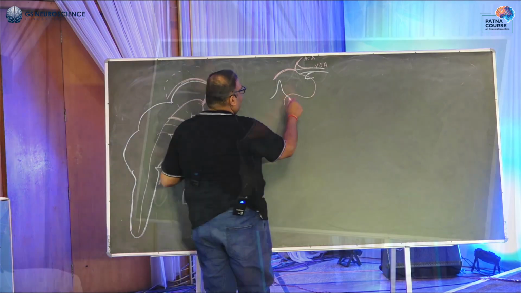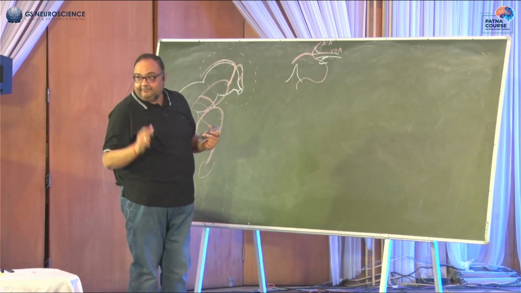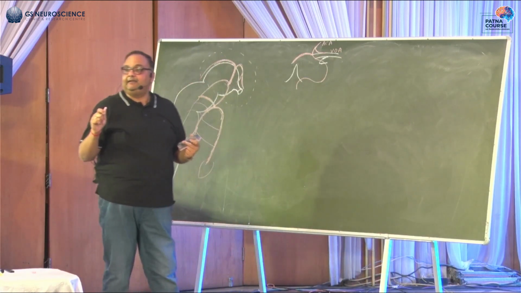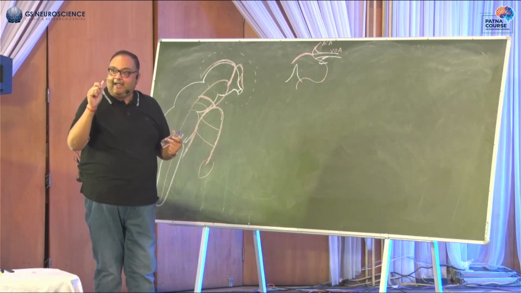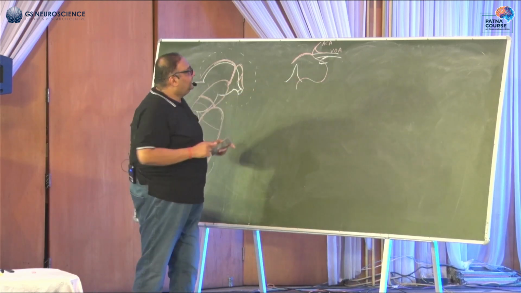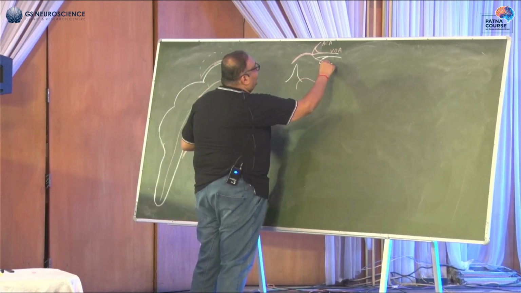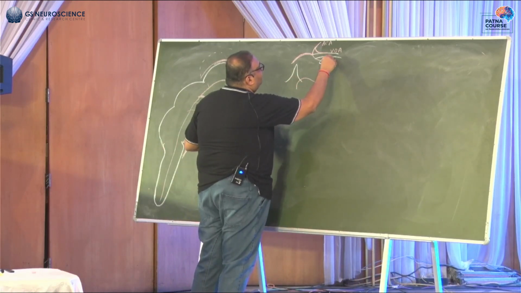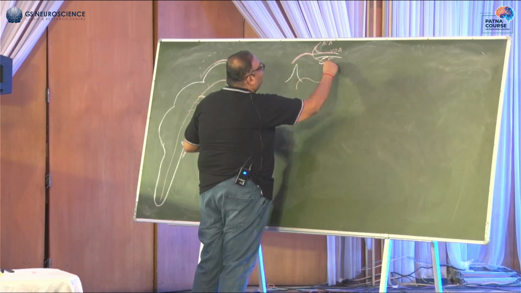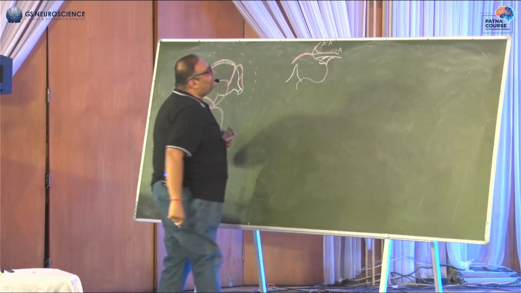So at this stage, you will have another branch, a tiny branch, which is originating from the cavernous segment of the ICA, from the siphon, which will again go up, and this will form one more vessel around the developing optic placode.